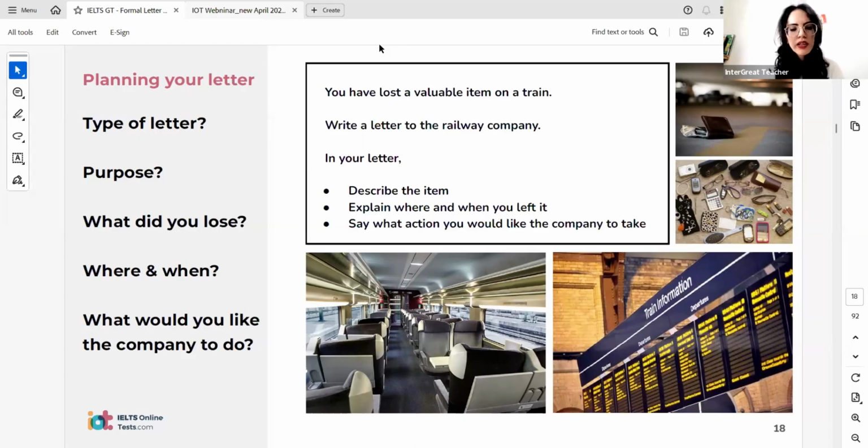And what would you like the company to do? Very good, Nancy. Find it and keep it for themselves. Exactly. Very good, to search. Lost and found. Like if they find it, they should contact you.